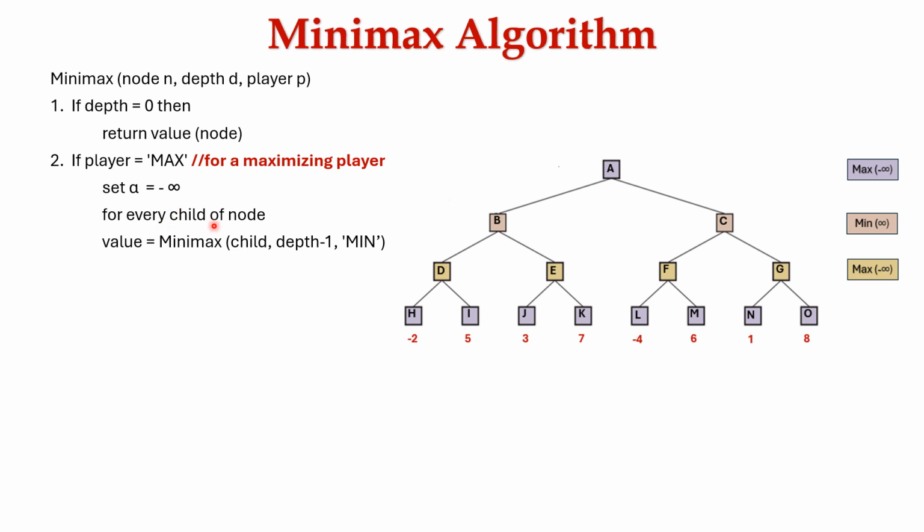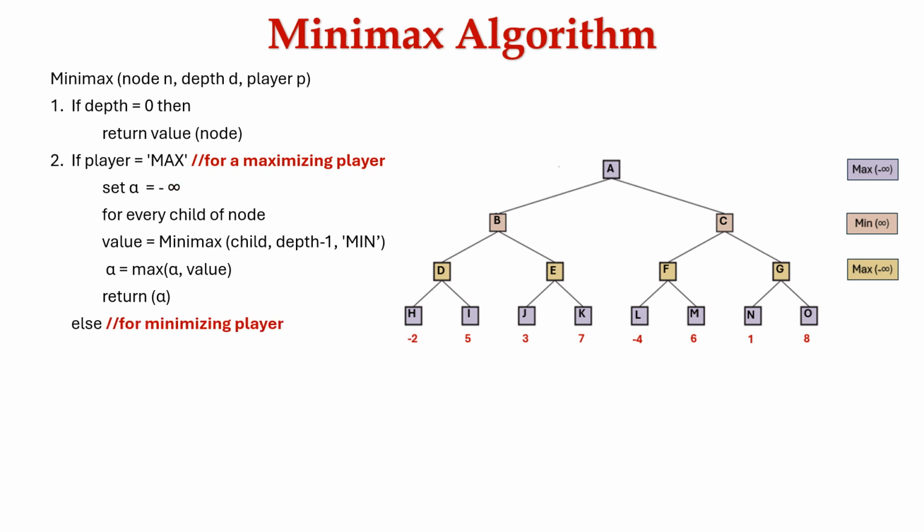For each child, it recursively calls the minimax function while decreasing the depth and switching to the minimizing player min. As the recursion progresses, it updates the value with the highest score found among the children. That is, alpha is equivalent to max of alpha comma value. Finally, it returns the maximum value of alpha as the best possible score for the maximizing player max.